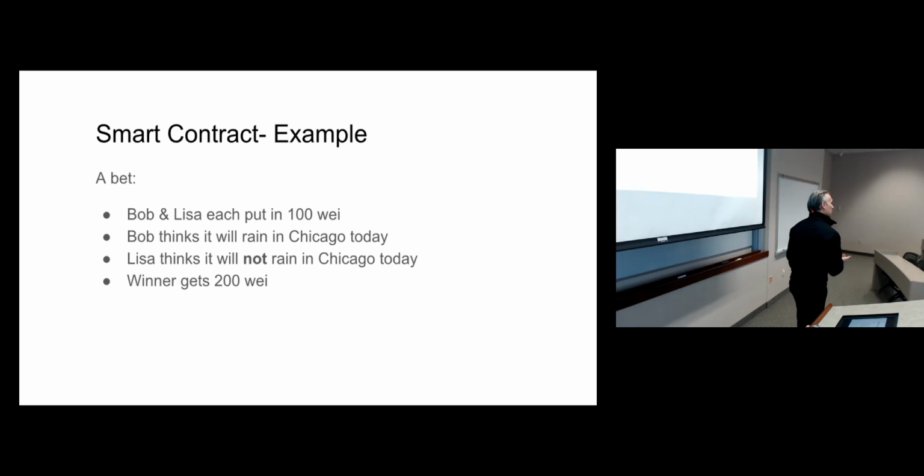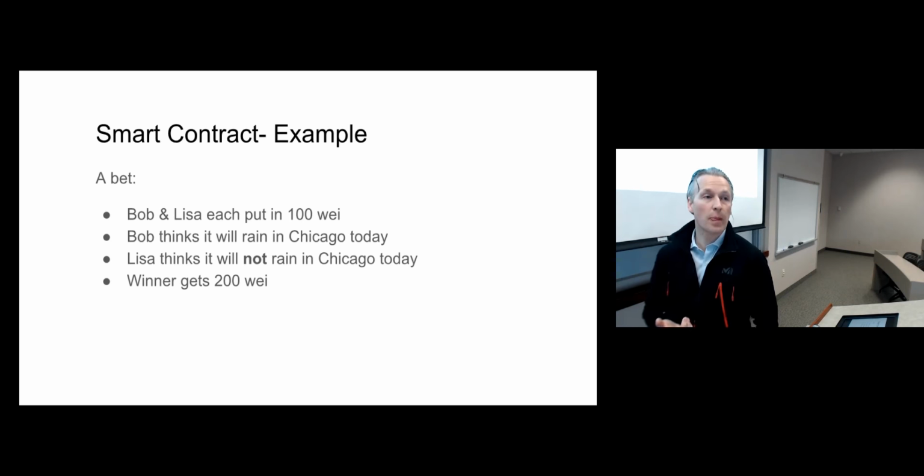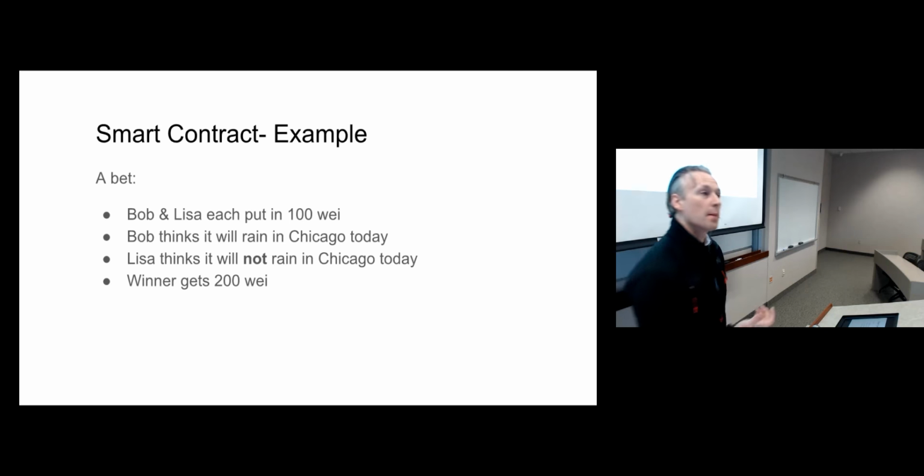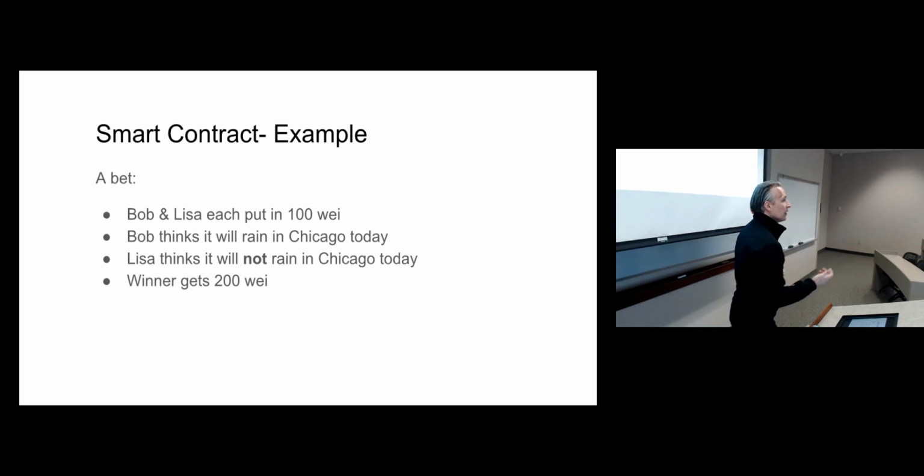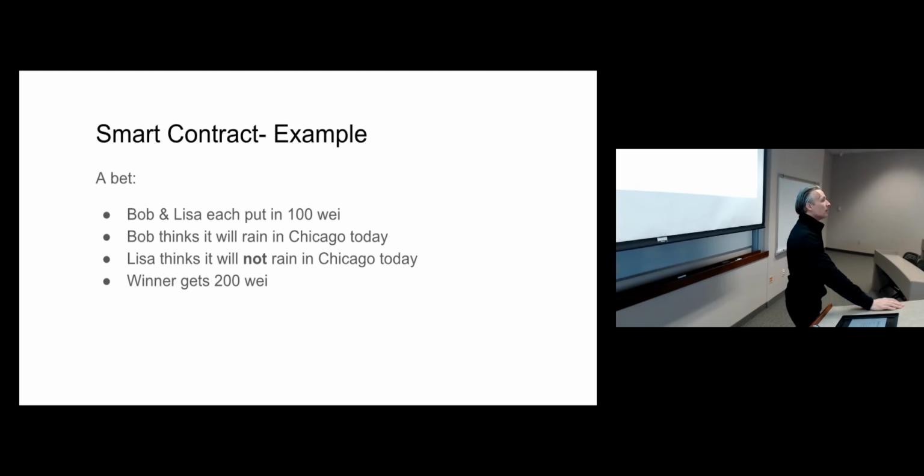So, a bet. What's a bet? How does a bet work legally? What are legal obligations that come from a bet? Is a bet legally enforceable? It's a contract, right? I think it will be X, you think it will be Y. If I win, I get your money.